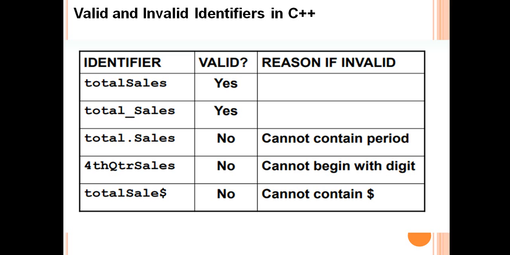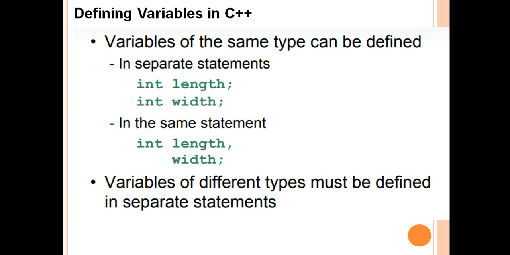So we have here valid and invalid C++ identifiers. totalSales, yes. total_sales, yes. total.Sales, no, it cannot contain a period. 4thQuarterSales, no, it cannot begin with a digit. totalSale$, no, it cannot contain a dollar sign.